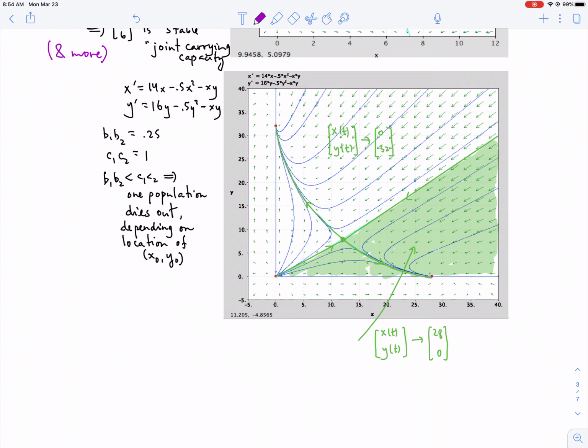So in the shaded region, if x naught, y naught lies anywhere in that region, then x of t, y of t goes to 28, 0. So the y's go to 0 and the x's go to 28. Whereas in the other half of the first quadrant, whatever your x naught, y naught is, x of t, y of t will go to 0, 32.